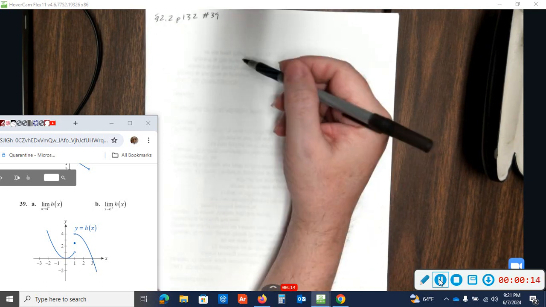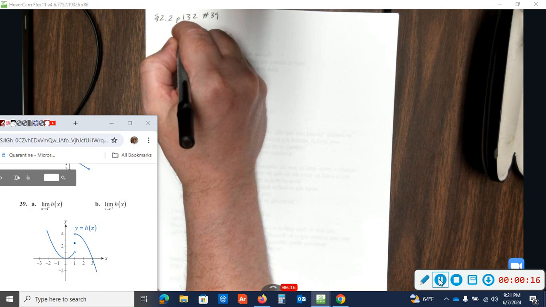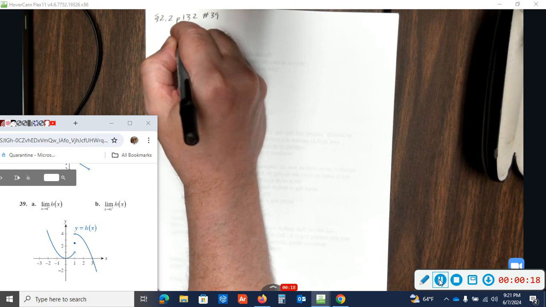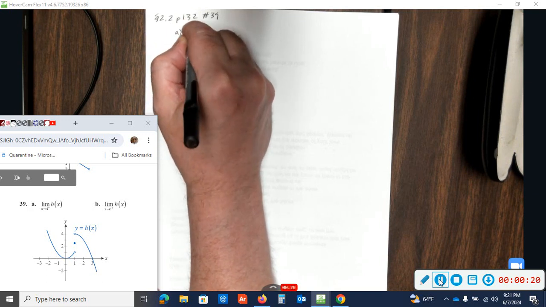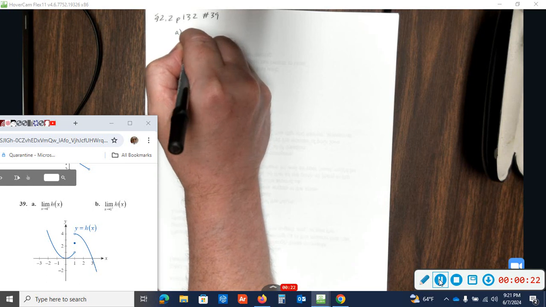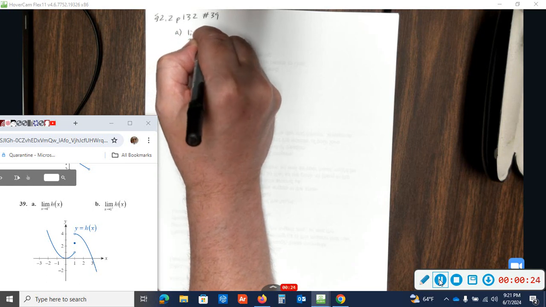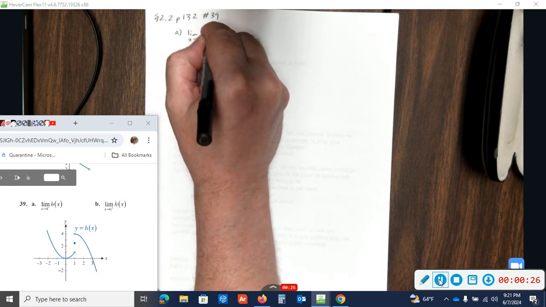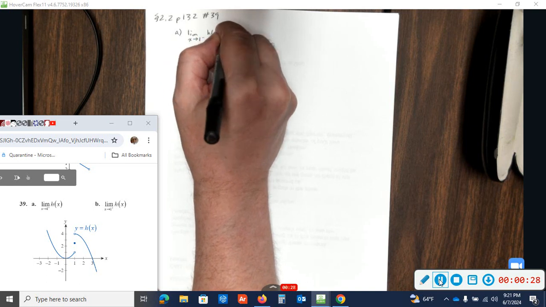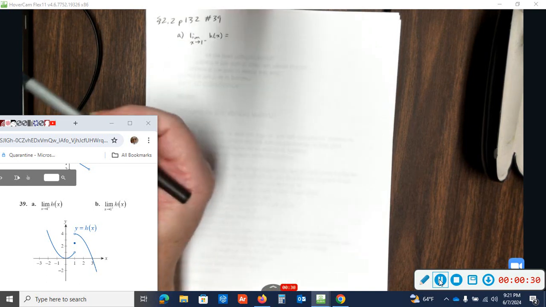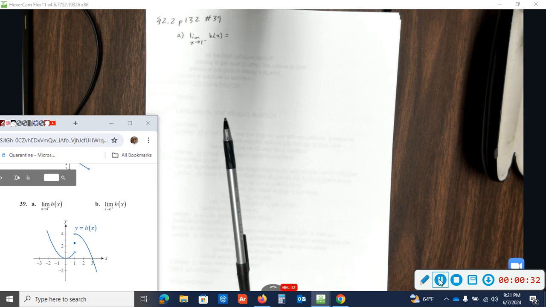With this picture, the limit as x approaches 1 from below of this function h of x: what single value is the function getting close to, or the y value is getting close to, if x is close to 1 but a little bit smaller than 1?